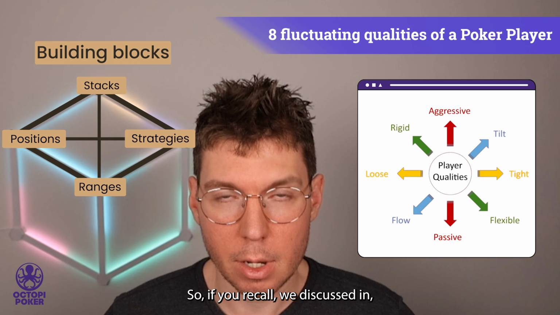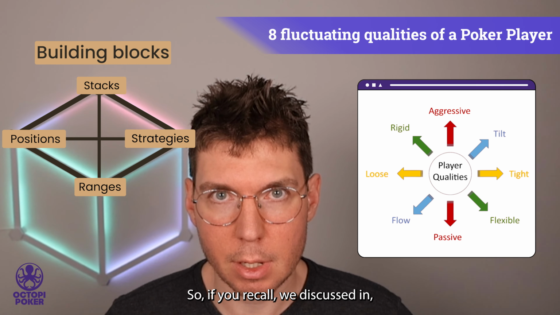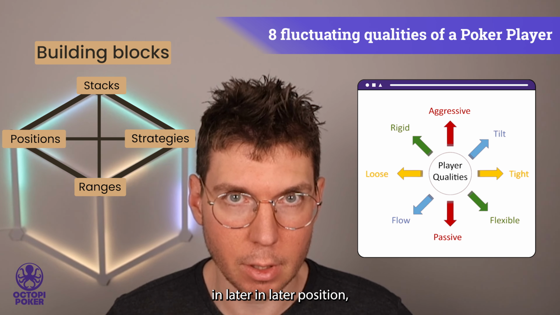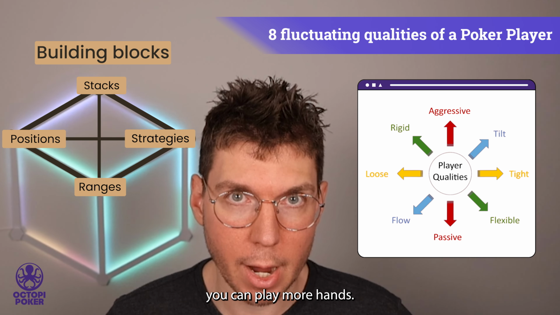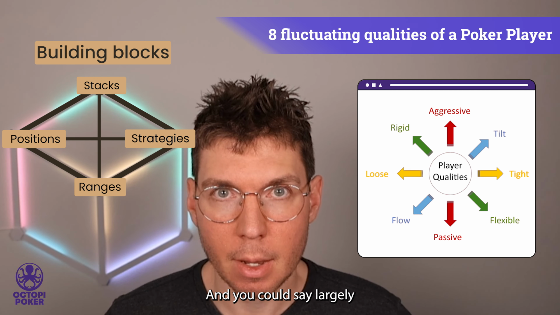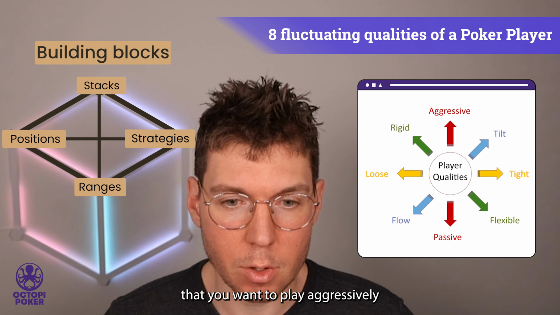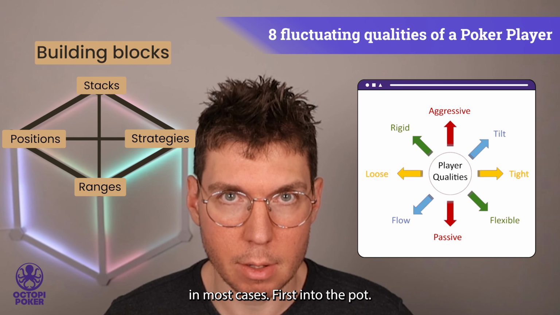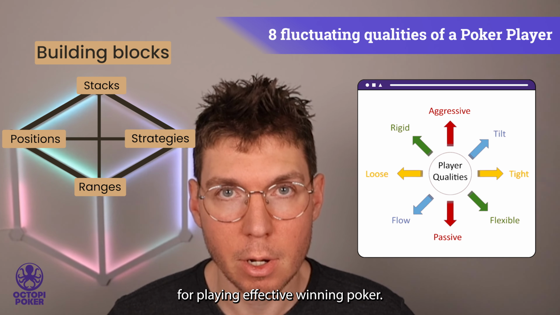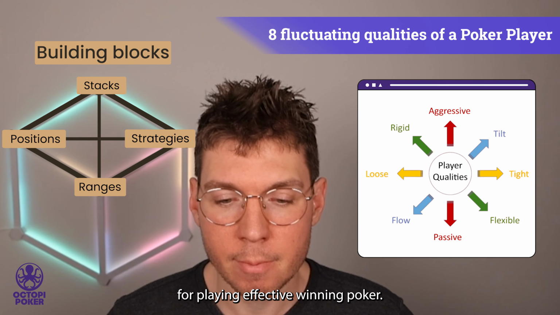If you recall, we discussed in the 10 axioms that as you find yourself in later and later position, you can play more hands. Part of doing that is often playing them aggressively. And you could say largely that you want to play aggressively in most cases first into the pot. I think that's a very useful simplification for playing effective winning poker.